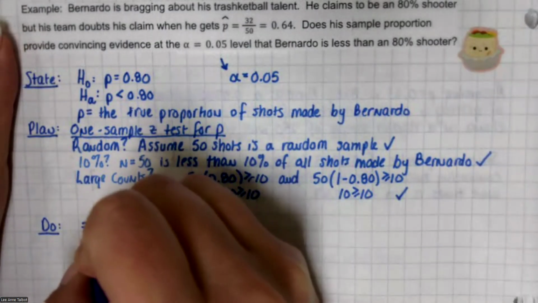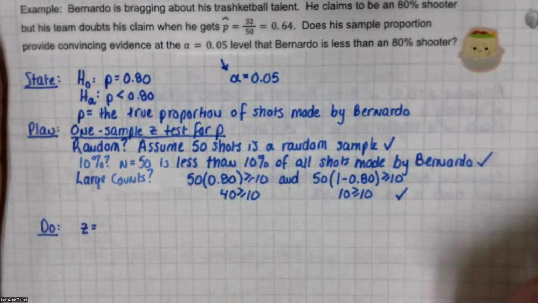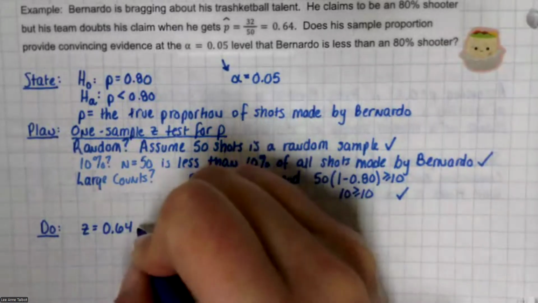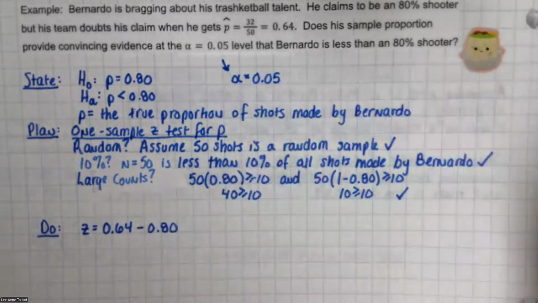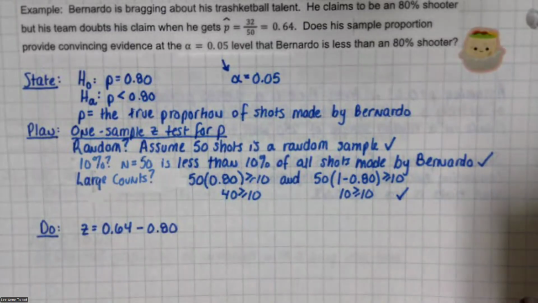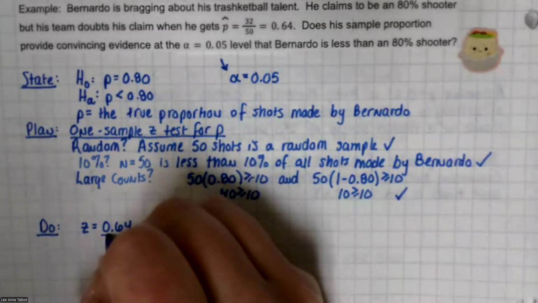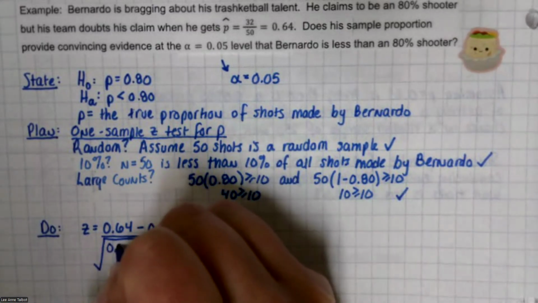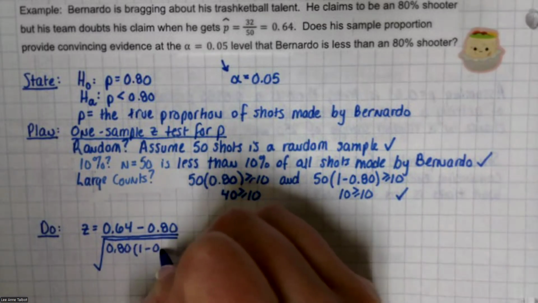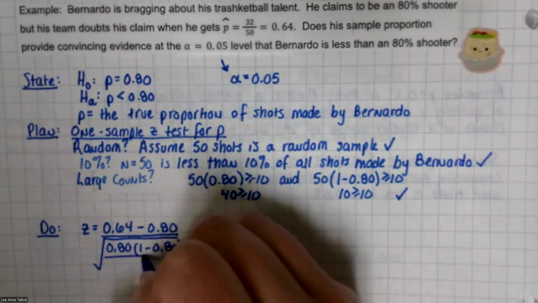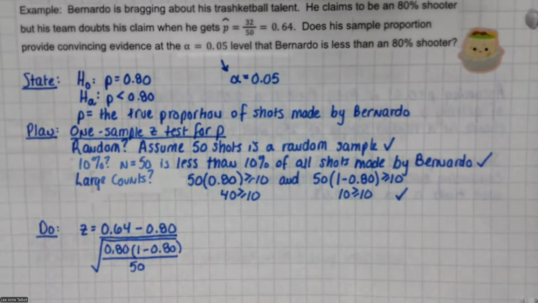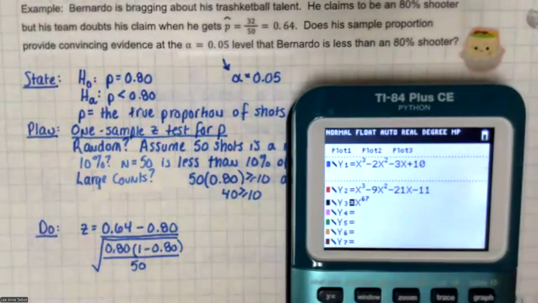Okay, now it's time for what I was doing before. Sample proportion minus population proportion. Now be really careful with your order of operations here.